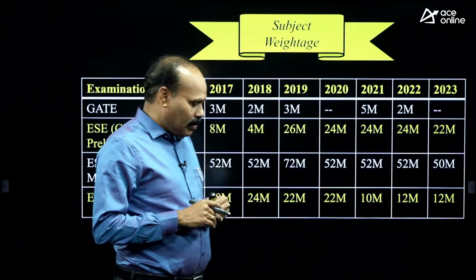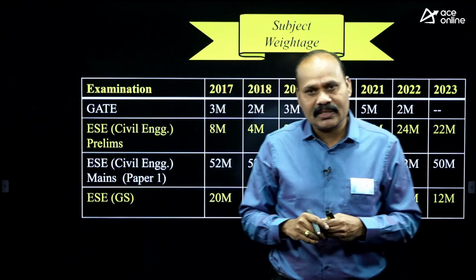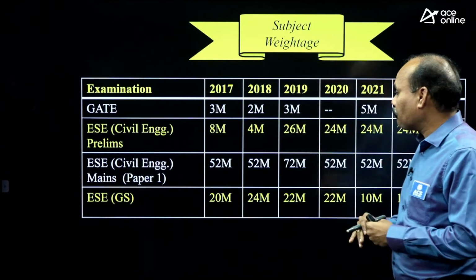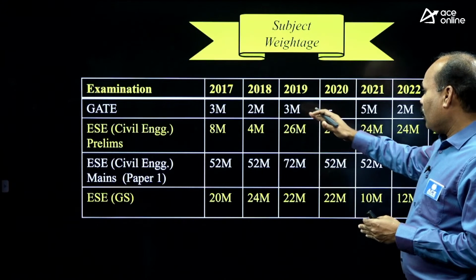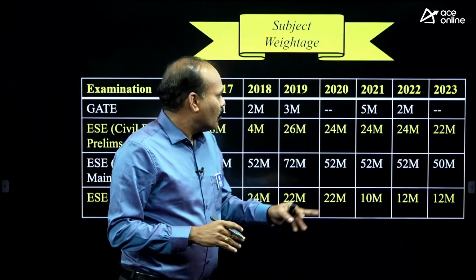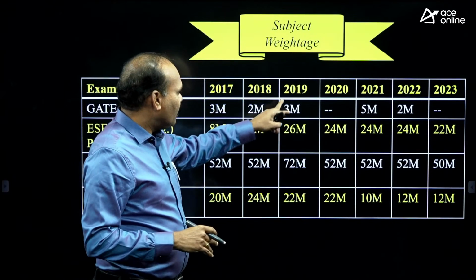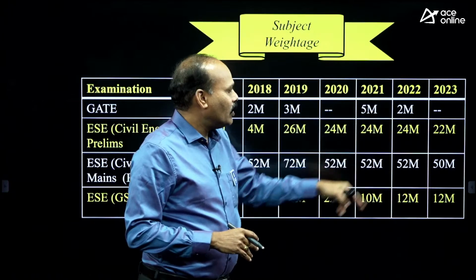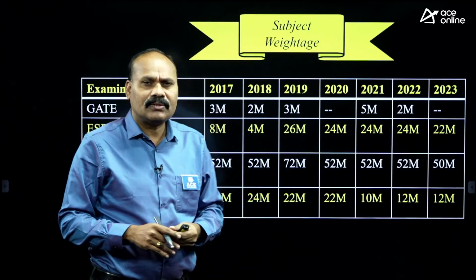Just let us have this particular slide. It is quite interesting and may be useful to you. 2017 onwards: 17, 18, 19, 20, 21, 22, 23. So how many papers have I taken here?